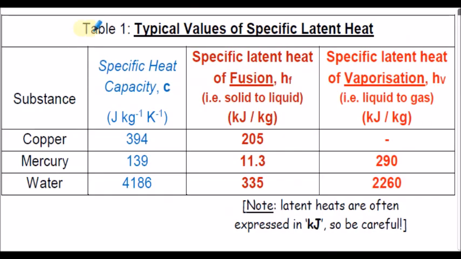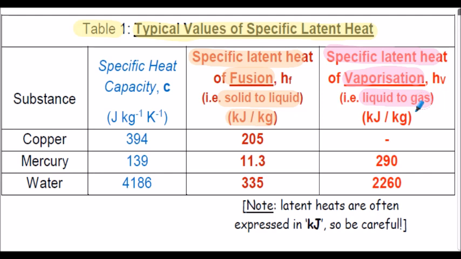Table 1 here shows typical values of specific latent heat. So we have specific latent heat of fusion shown here. That's changing a substance from solid to liquid. Note these values are stated in terms of kilojoules per kilogram. And we have specific latent heat of vaporization. This is associated with a liquid to gas change of state. And again, these values are in kilojoules per kilogram.